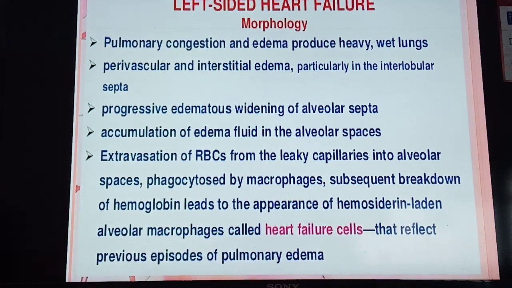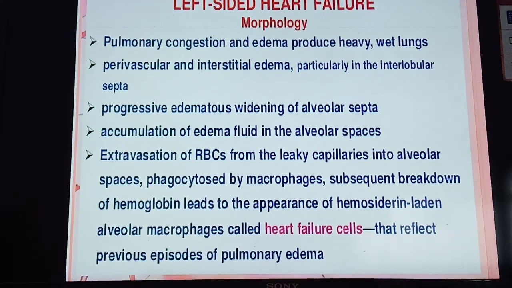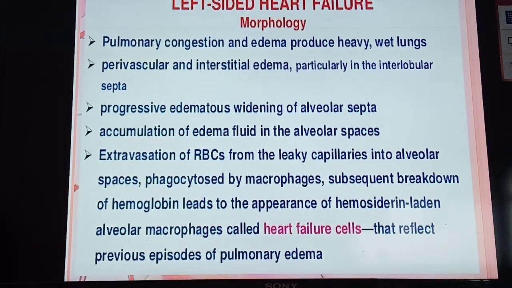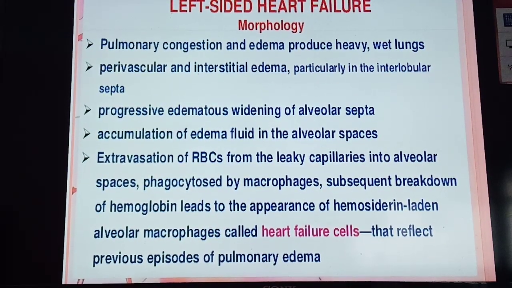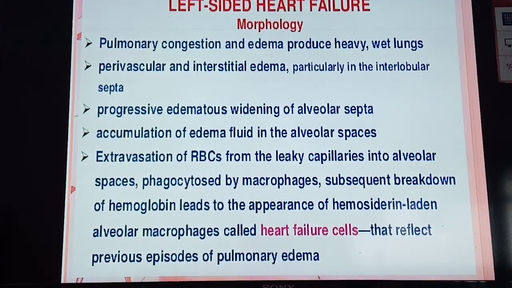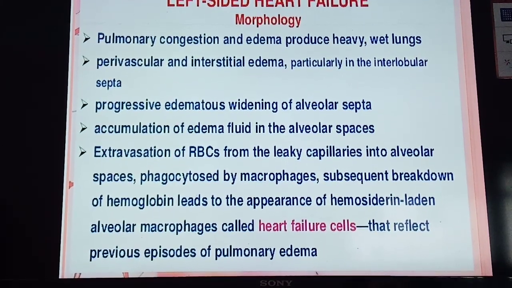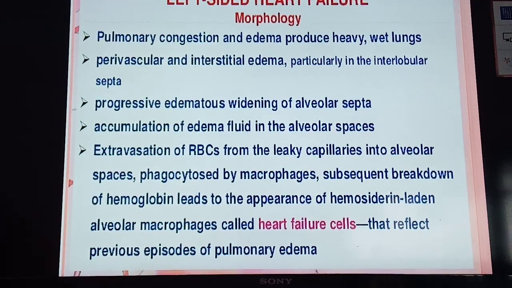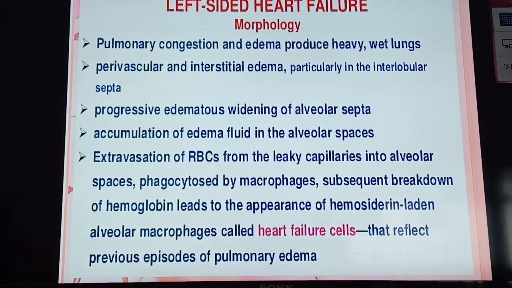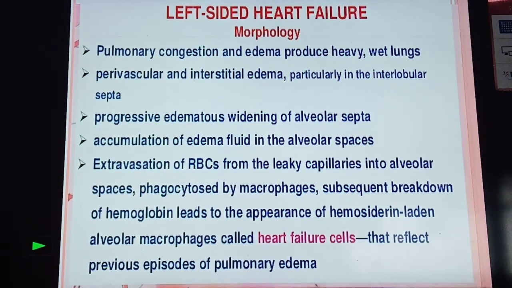These RBCs are phagocytized by macrophages, and subsequent breakdown of hemoglobin leads to the appearance of hemosiderin-laden alveolar macrophages, called heart failure cells, that reflect previous episodes of pulmonary edema.